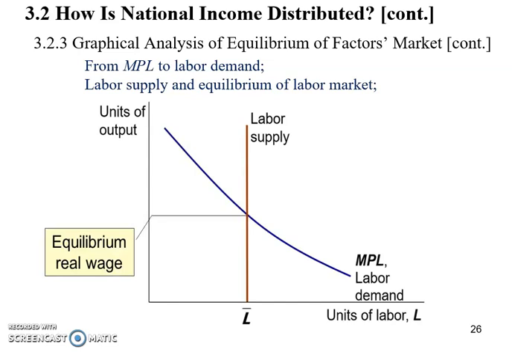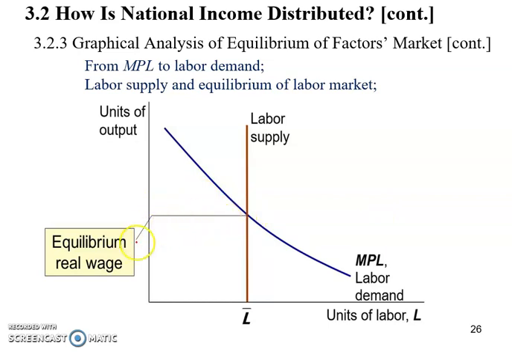All right, so here, because it's fixed, it doesn't vary across the real wage, right? In other words, no matter how high or how low the workers get paid, the quantity of labor supplied stays the same. So it has to be a vertical line. Okay, it's a vertical line. It's totally independent of the change in price. Now, with this vertical labor supply curve and the downward sloping labor demand curve, or MPL, we can find their intersection.